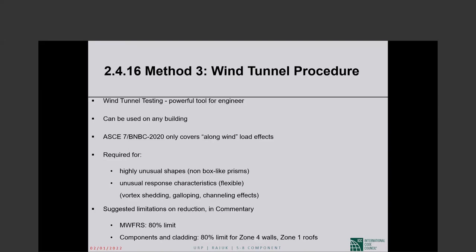Okay, so it can be used on any building. ASCE 7 and BNBC 2020 only cover along-wind load effects. That is one limitation of the analytical procedure. If you want across-wind effects to be captured, you need to go to wind tunnel testing.